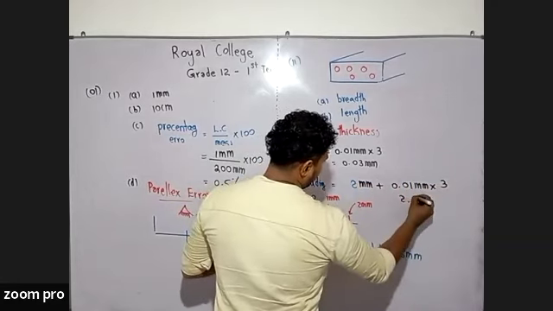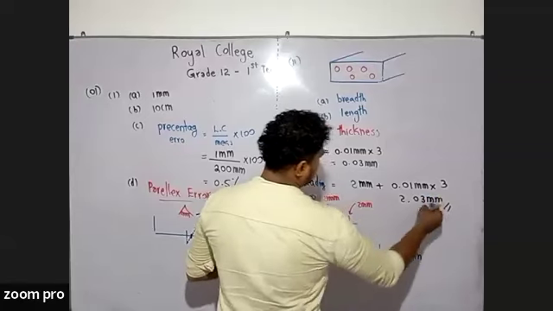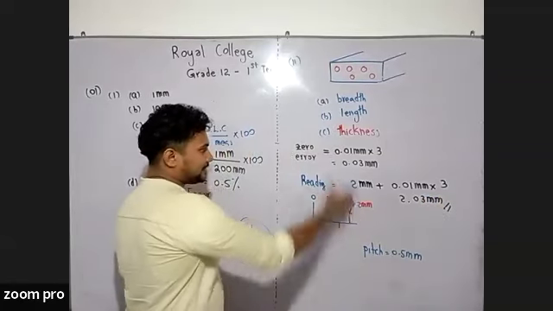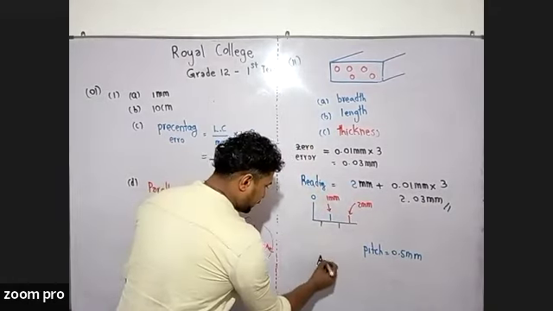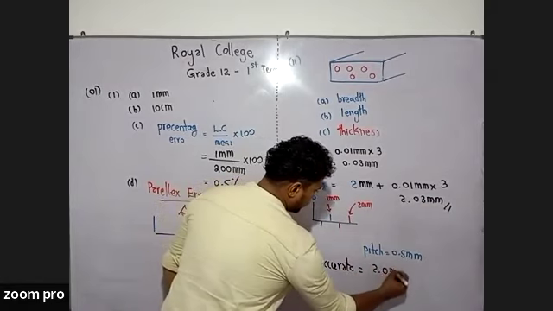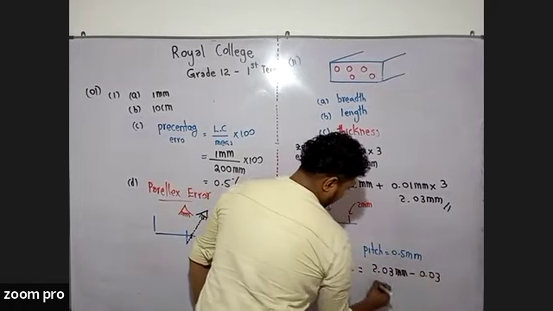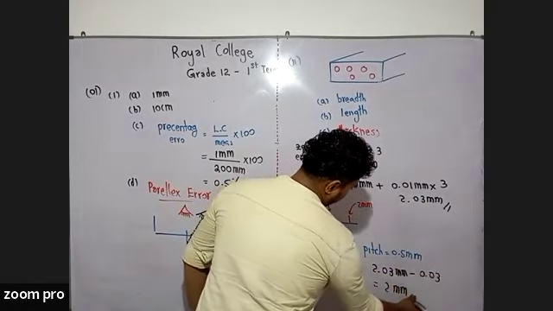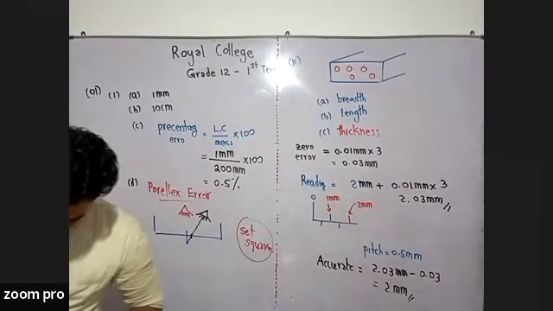So the answer should be 2.03 millimeters. This is the obtained value, and there is a positive zero error in this instrument. So the accurate value should be 2.03 minus the 0.03 millimeter positive error. Then the value should be 2 millimeters, right?